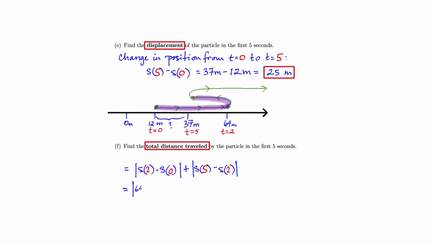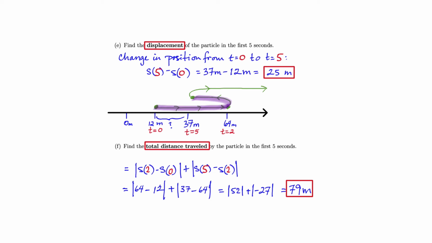So we get the absolute value of 64 minus 12 plus the absolute value of 37 minus 64. So we get absolute value of 52 plus absolute value of 27, which is 79 meters, which makes a lot of sense. So the distance traveled was greater than the displacement.